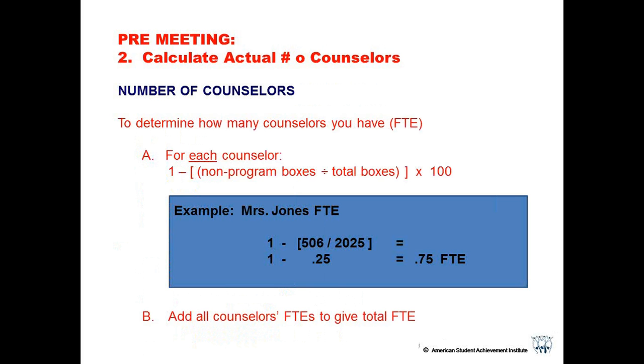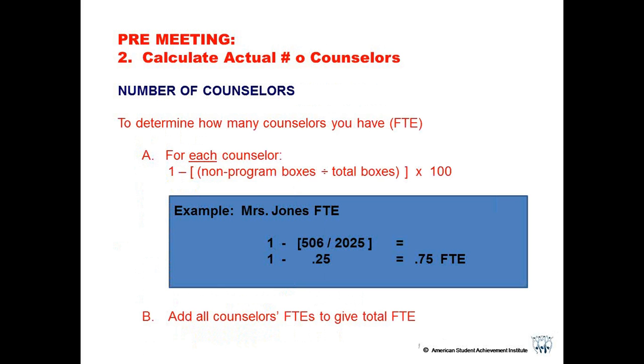And so when we add that together, we have 1 counselor, not 2. So on paper we may have 2, but in reality, in practice, we really have just 1 counselor.